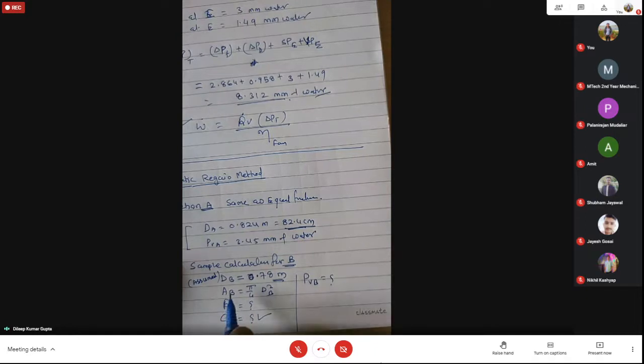So you can find out the value of CB, the velocity. Once the velocity is known, you can find out the value of PVB, the velocity pressure at state number B.